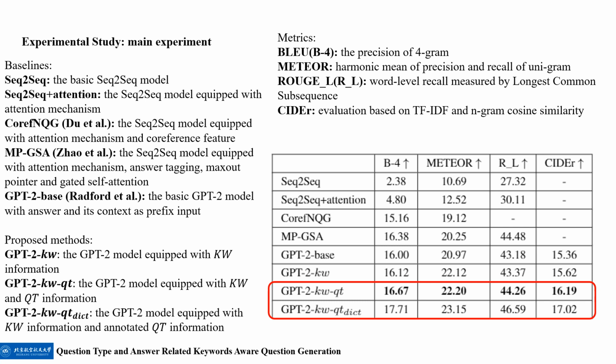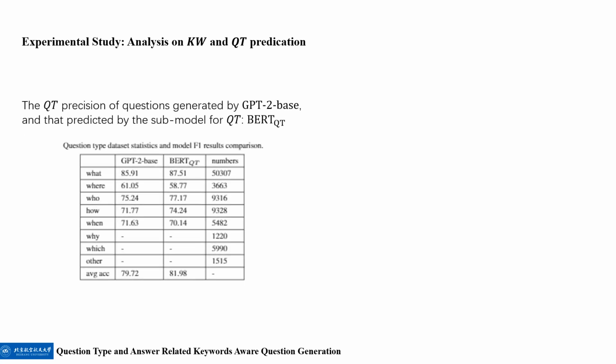Well, there still remains a gap between the external information from the submodels and that from annotations. We further conduct experiments to analyze the performance of the submodels for keyword and question type respectively. We compare the question type precision of questions generated by GPT-2 base and that predicted by the question type submodel.